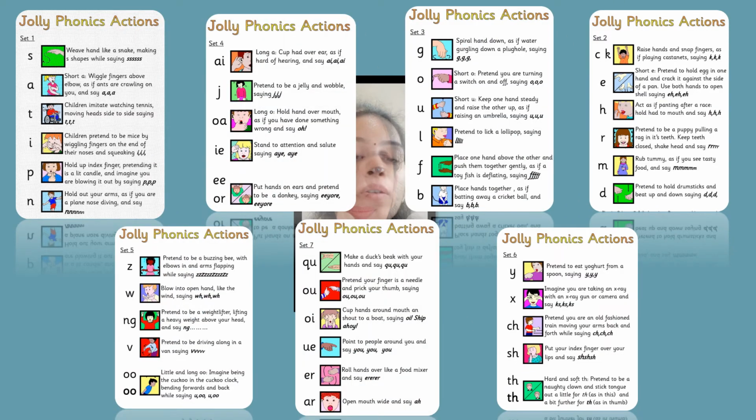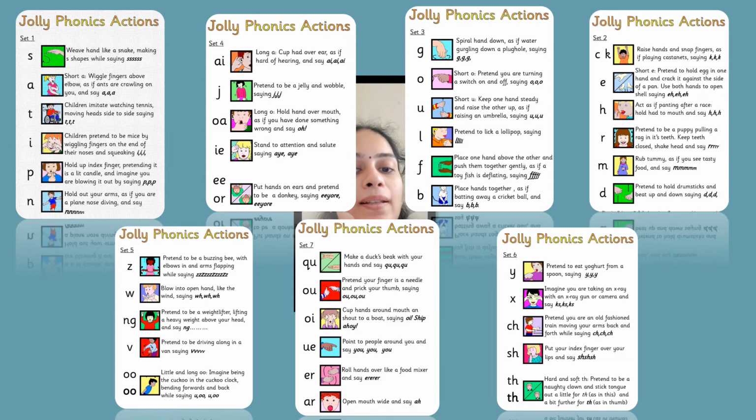To elaborate on the same groups, or the sets of Jolly Phonics, I have given here the actions and how they are shown to the kids. For instance, we can wave our hands, or nod our heads to the left and right, and say t, t, t, t.